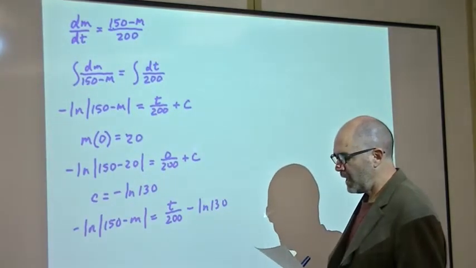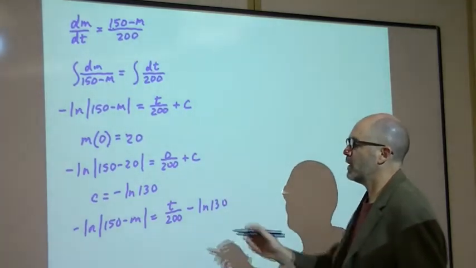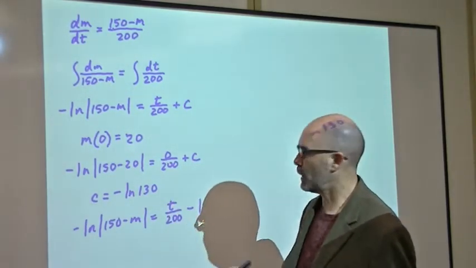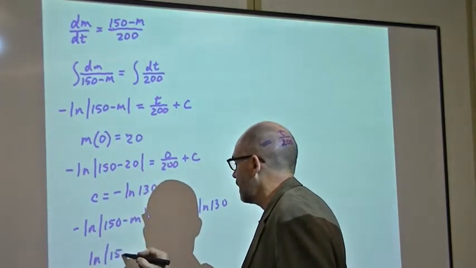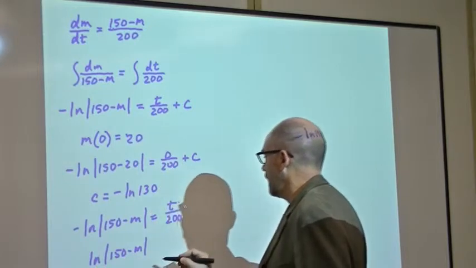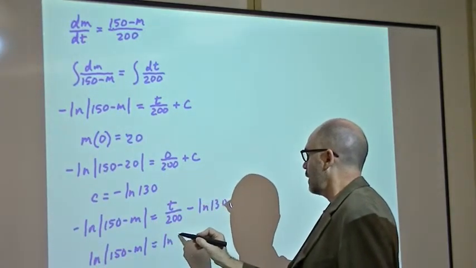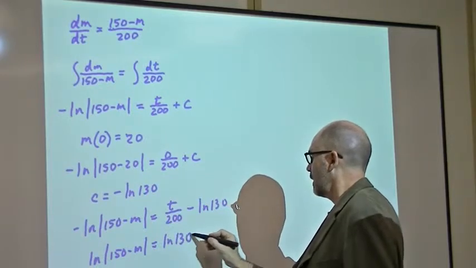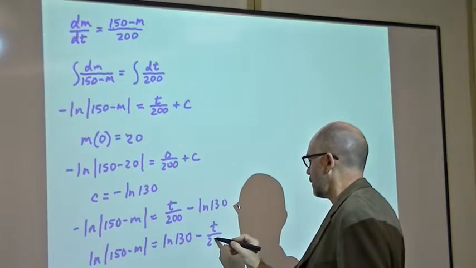Okay, so next thing we do is let's just multiply both sides by -1, get rid of that pesky negative that I forgot in the first place. So natural log of 150 minus m is going to equal natural log of 130 minus t over 200.